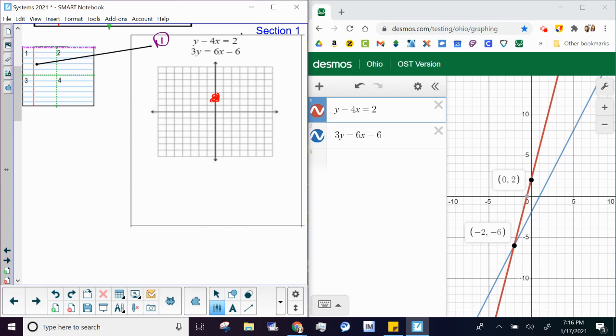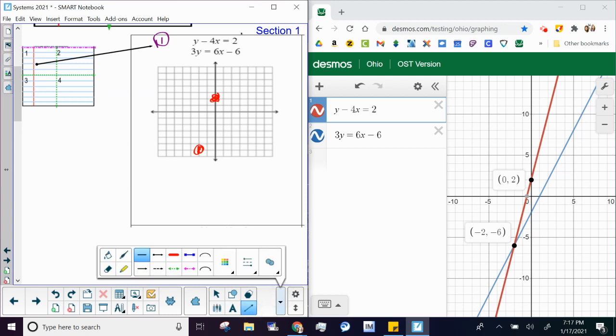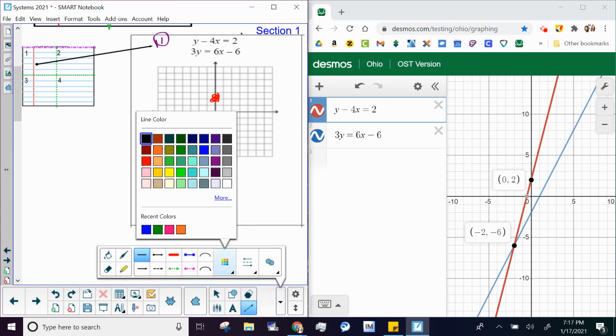And I said (-2, -6), so I have to go down 6: 1, 2, 3, 4, 5, 6. Remember, we're going to use a straight edge to draw this really nice and straight. I'm going to use this nice feature that will draw a straight line for me.